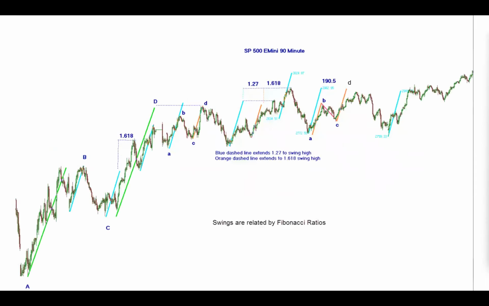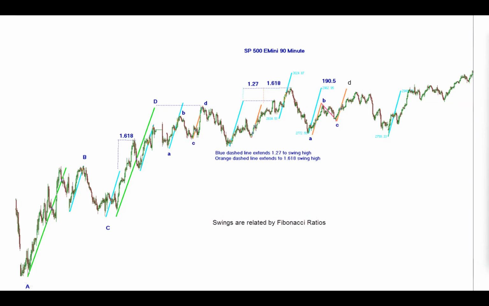Now this chart of the S&P 500, this is on a 90-minute chart, so it's an intraday chart. But if we're working with the upswings on this chart, the primary swing in green, that's showing us the expanding, and then the secondaries in the multi-colors, and then some of the smaller ones, harmonics, are in the orange.